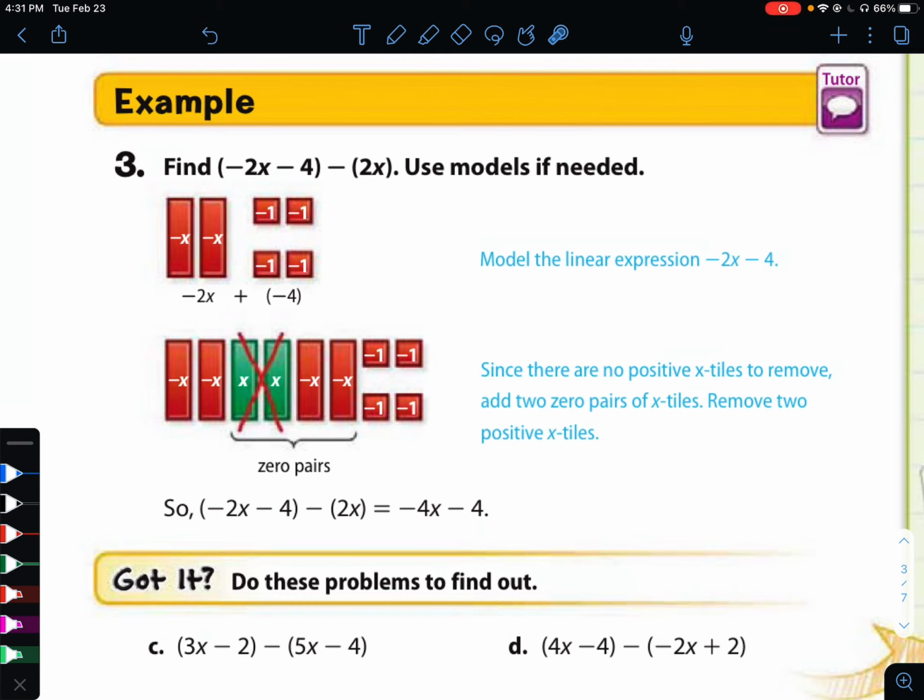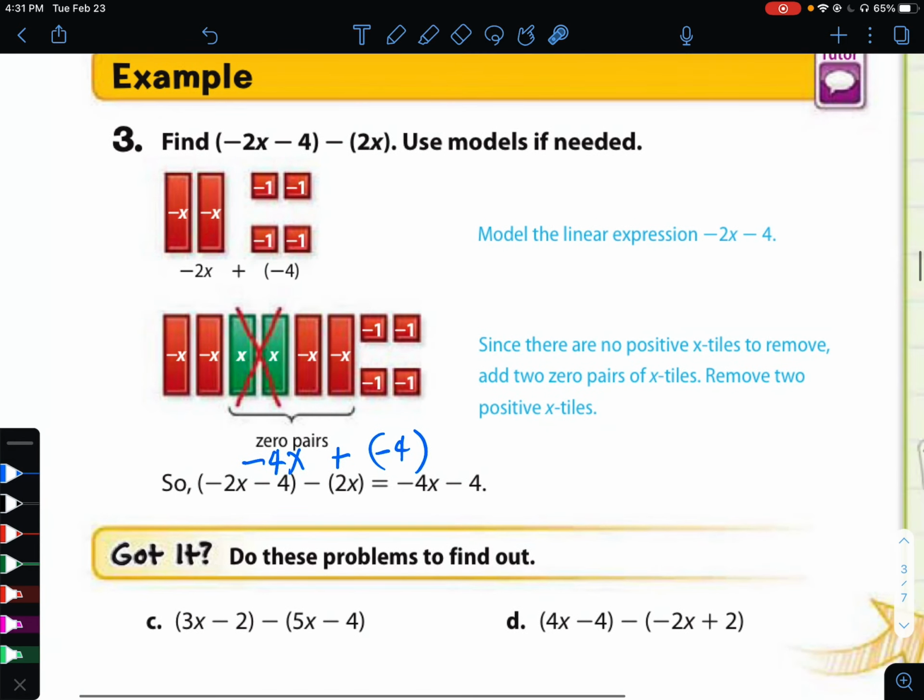Okay, so if you write it out, this is negative 4x at the bottom right here, plus negative 4. So negative 2x minus 4, quantity minus 2x is simply negative 4x minus 4 according to the definition of subtraction. Okay, got it. Problem C and D.